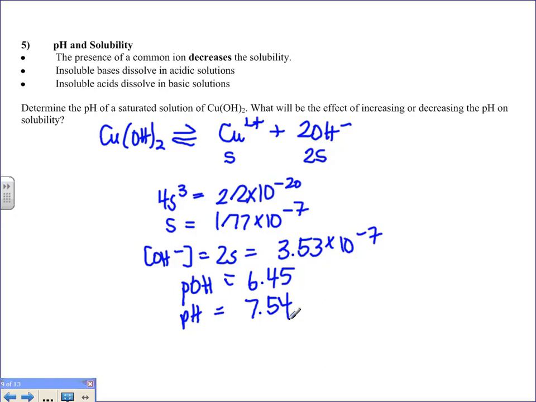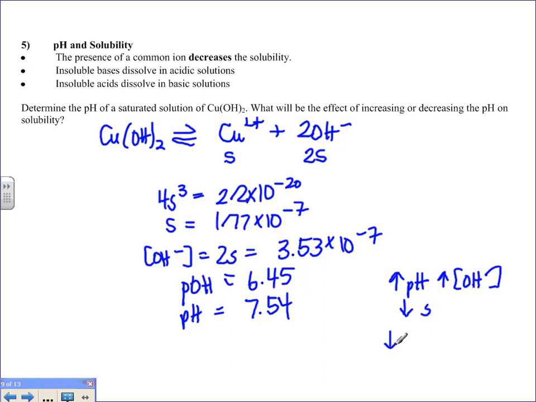The other part of the question is what will be the effect of increasing or decreasing the pH on the solubility. If you increase the pH, you're essentially increasing the concentration of the hydroxide ions in the solution. Thinking about this in terms of Le Chatelier's principle, if I increase the hydroxide, it's going to shift left and it's going to decrease the solubility.